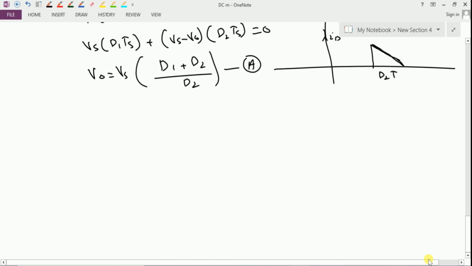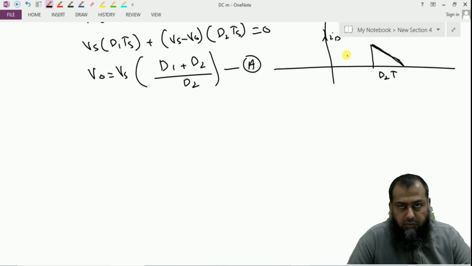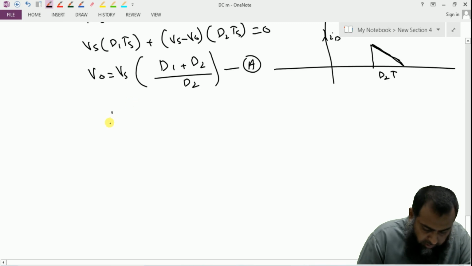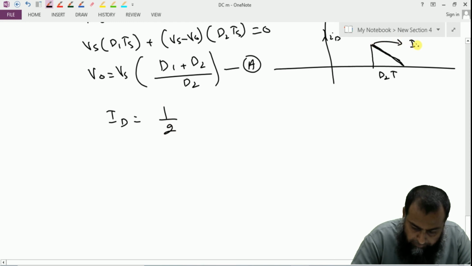Now the next thing is we need to average this ID, just like we average the inductor current for the buck converter. Here we have the diode connected on the output side, and therefore we will be using this to identify what is the current flowing through the load. So the average ID is equal to half, because this is I max.